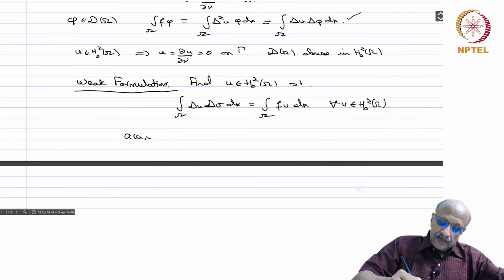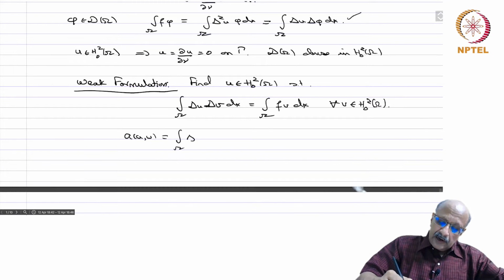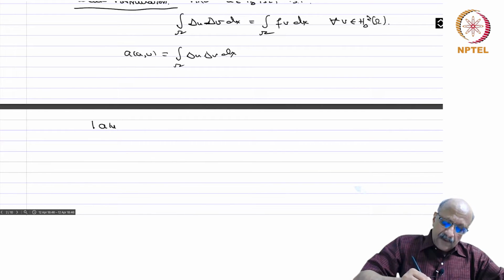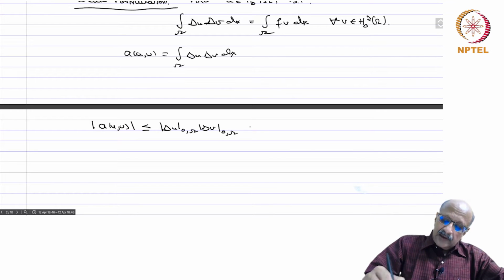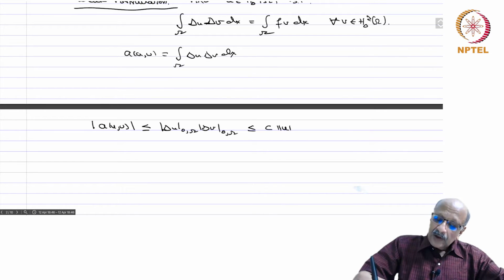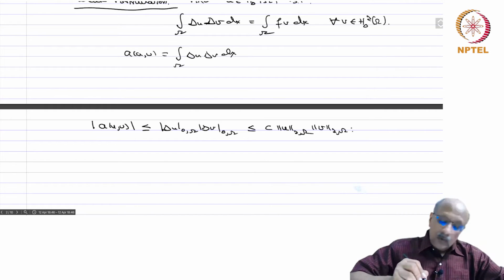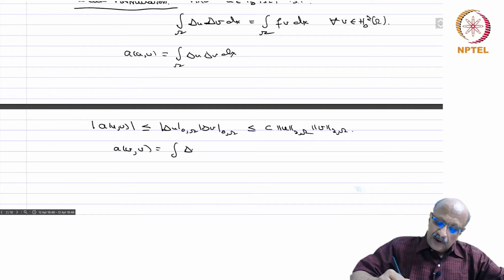So A(u,v) equals the integral on omega of delta u delta v dx, and therefore |A(u,v)| is less than or equal to the L2 norm of delta u times the L2 norm of delta v, which is less than or equal to c times the H2 norm of u times the H2 norm of v. Now we have that A(v,v) is equal to the integral of |delta v| squared, which is the integral on omega of delta v delta v.